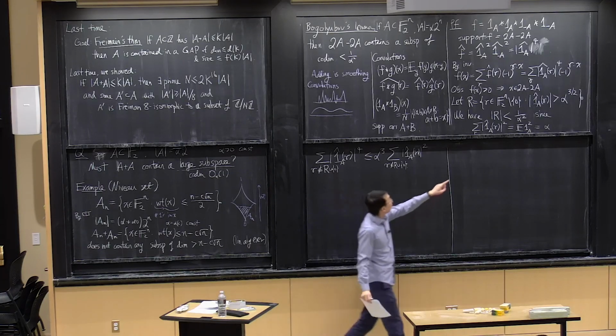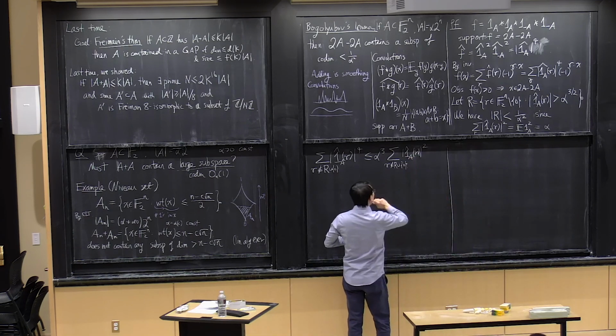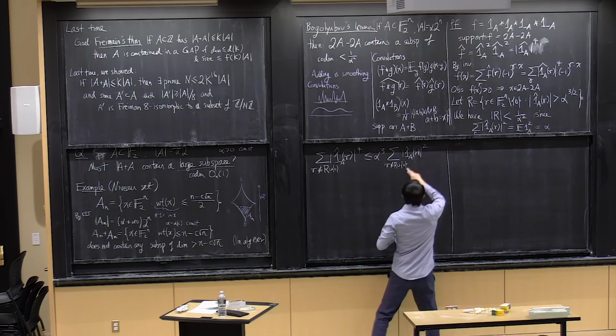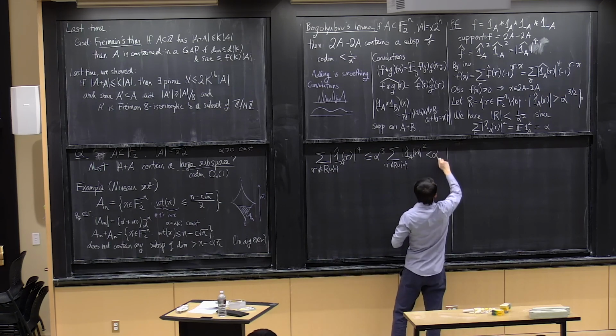And once again, use Parseval on this very last sum, keeping in mind that I'm throwing away some of the r's, including 0, so it will be a strict inequality.